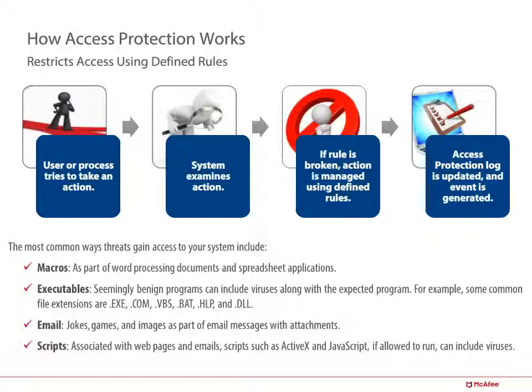An example is the action doesn't happen, it is blocked, and you will get a report sent to the EPO server. And then, as I said before, you can look at the access protection log and validate that locally if you want to.